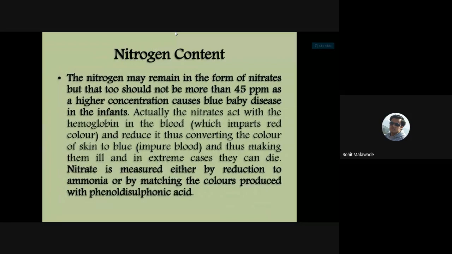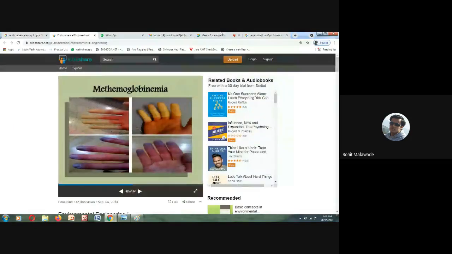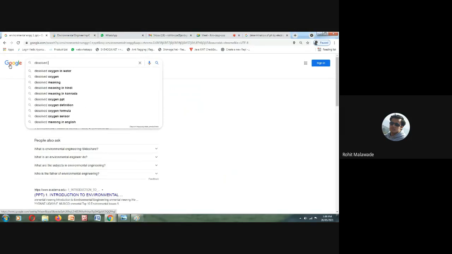Now, what is dissolved oxygen? If oxygen is present in dissolved form in water, then we call it DO.